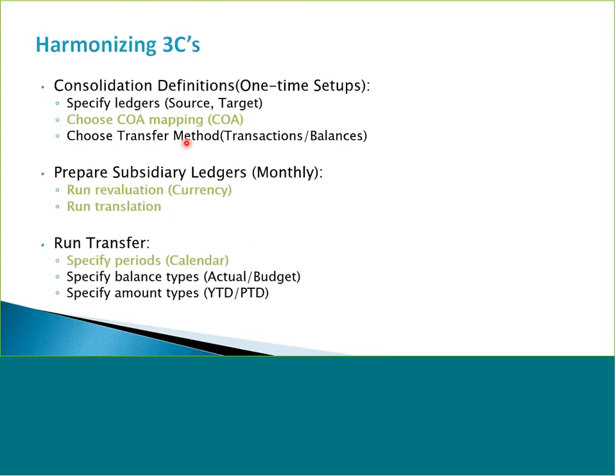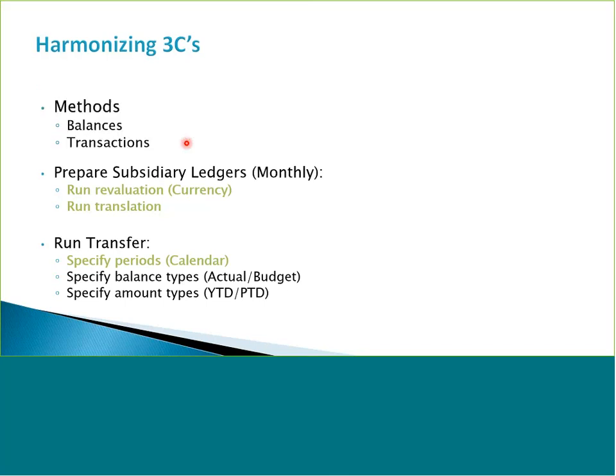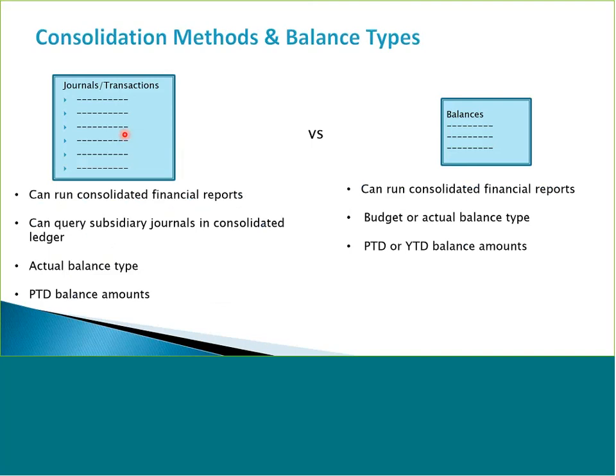In our next lesson, we are going to look at amount types and how they differ between YTD and PTD, and why for the journals or transactions consolidation method we use PTD balance amounts, and for the balances method we can use either PTD or YTD balance amounts.